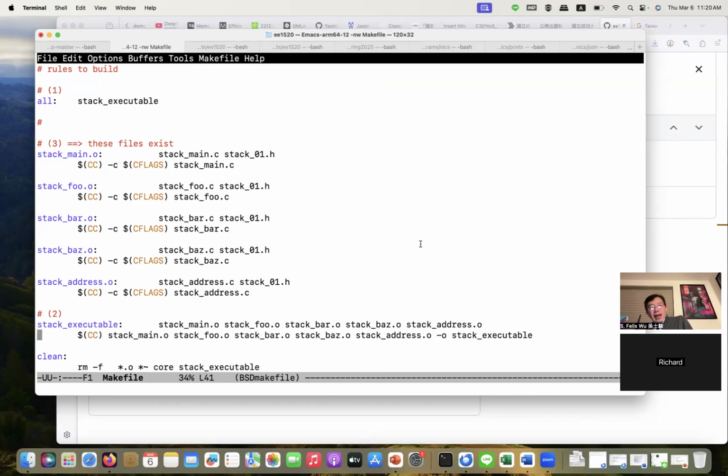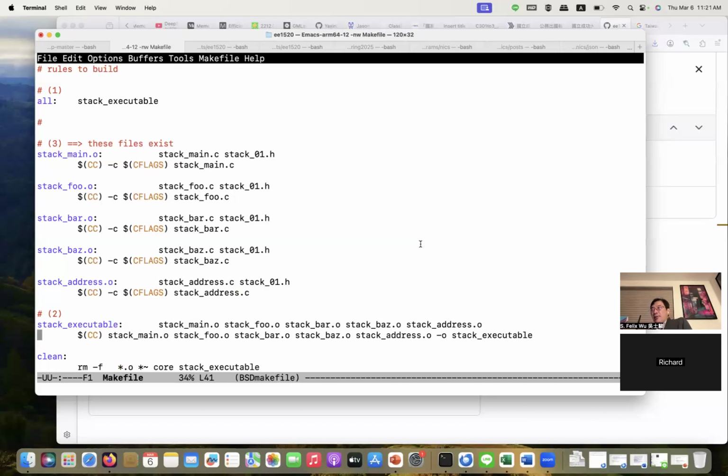In this case, I have, sorry, not 7, I have 8 rules: stackman.o, stackfoo.o, stackbar.o, stackbus.o, and stackaddress.o, and then the stack executable, and finally a clean rule. And you can think about each rule as having 3 parts. You have a target part, you have the dependency part, and you have the action part.